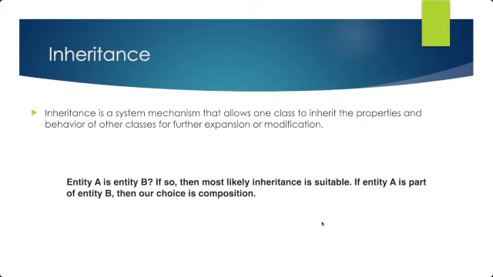Deep inheritance chains can make code hard to understand, hard to test, and easy to break. That's why, in many cases, it's better to use composition instead of inheritance. If you don't remember what composition is, it's when we store the object of another class in one class.